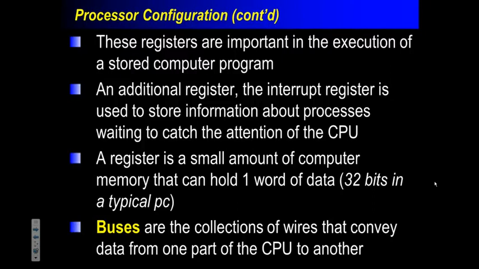Okay, there's an additional register called the interrupt register, and it's exactly what it says it is. It will interrupt things if things come into the CPU that are important. There's different things, the word interrupt in computing is used in different ways. So there's these different things that you'll often see that use the word interrupt with it. And it is what it says it is.